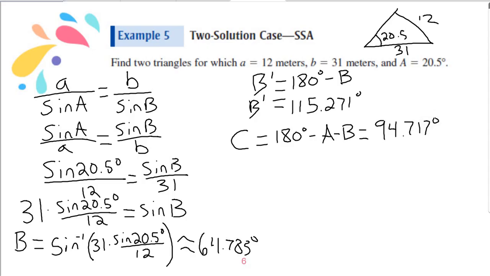But if I have two options for big B, that also means I'm going to have two options for big C. So that's going to be my C prime. And remember that big A was given, so that part is not going to change no matter what. So that stays A, but then we're going to subtract B prime instead. And that gives us our second option for C prime. So what do we get there? 44.223.